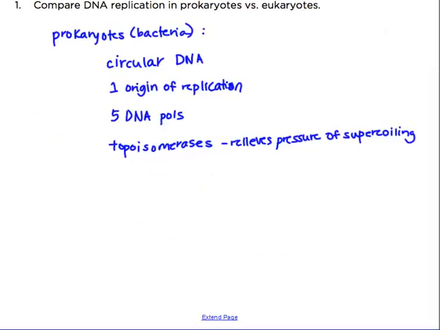Okay. In contrast, eukaryotes, which obviously humans are an example of, we have linear DNA that's very long, which means that we must have multiple origins of replication.